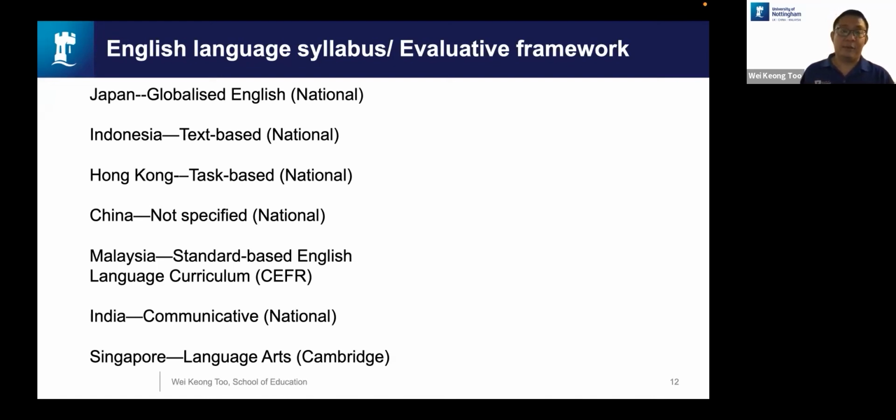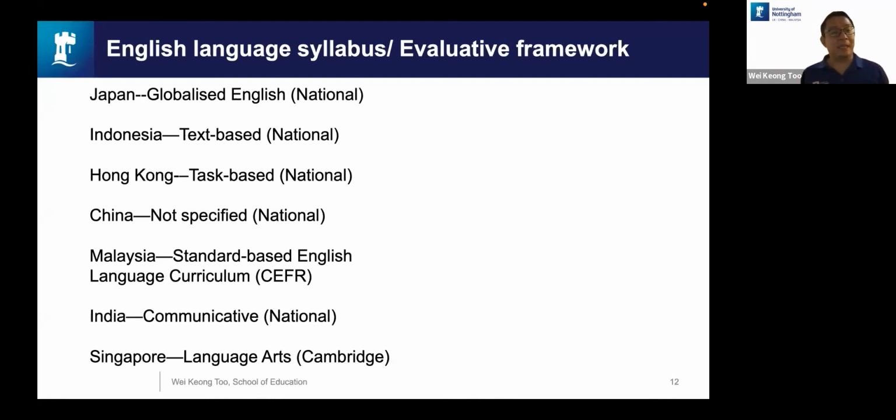And the evaluative framework is national. Malaysia has a standard-based English language curriculum, following the CEFR. And this is specifically developed for Malaysia, with the Malaysian government working with Cambridge. And India, communicative, developed nationally.